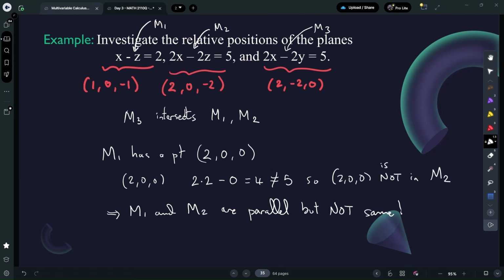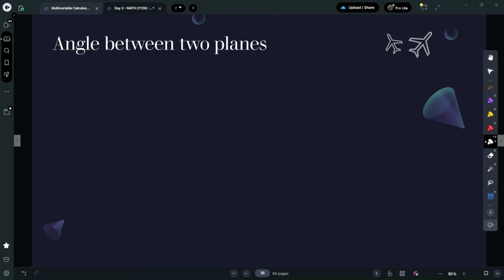Okay, so let's figure out now the angle between two planes. If they are not parallel, what is the angle between them? How am I going to figure that out? Suppose I have a plane, and I have some other plane, and I want to know what the angle between these two planes is.